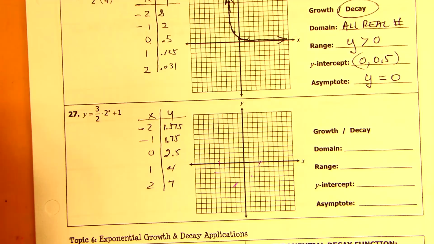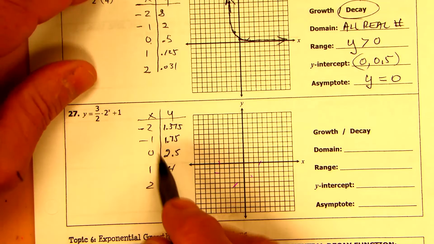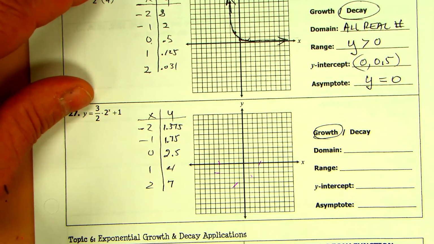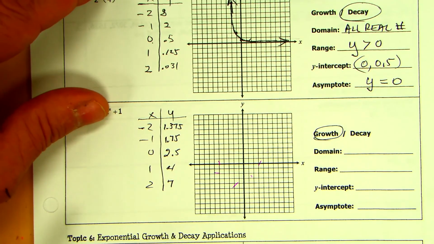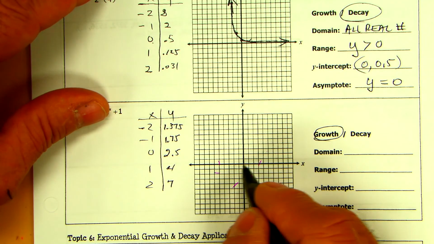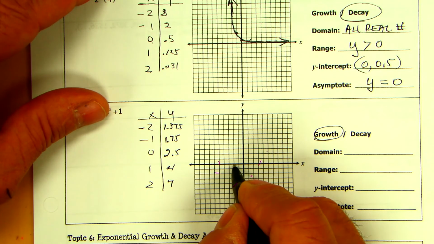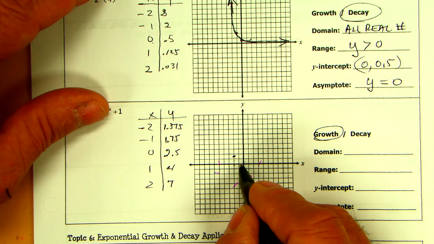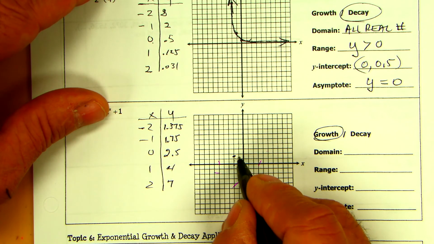Okay. Now, as our x is increasing, our y is increasing, so this is going to be a growth function. We know that. Now let's plot it and see what it looks like. At negative 2, it's 1.375. At negative 1, it's 1.75.